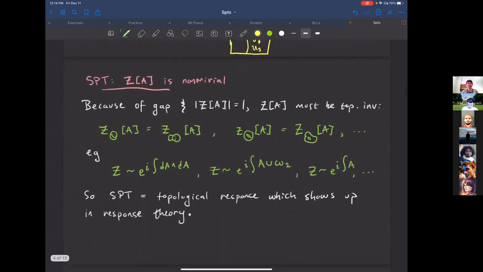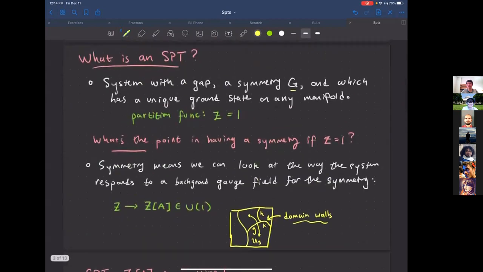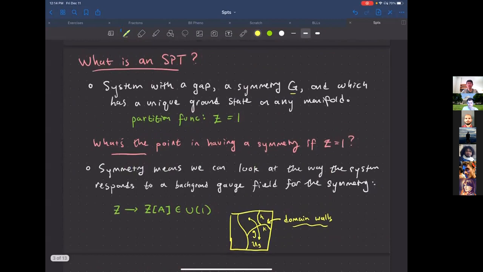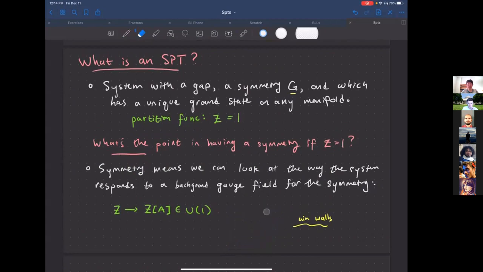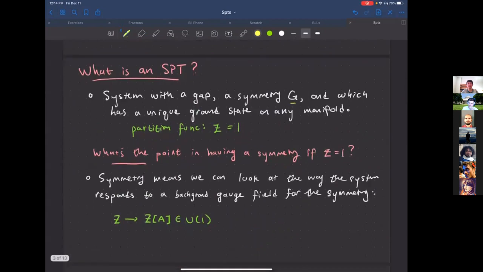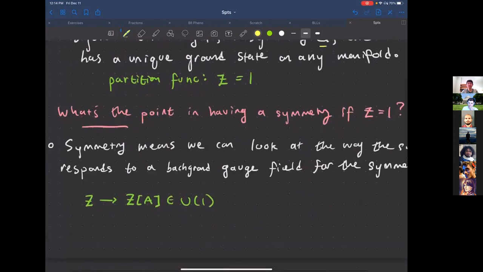Okay. Ethan, just one question. So what does it mean that the phase is non-trivial? So that you cannot gauge it away, or... So what this means by being non-trivial is that, well, any partition function that is not 1 is non-trivial in a sense. If this actually depends on A, in some sense it's non-trivial.